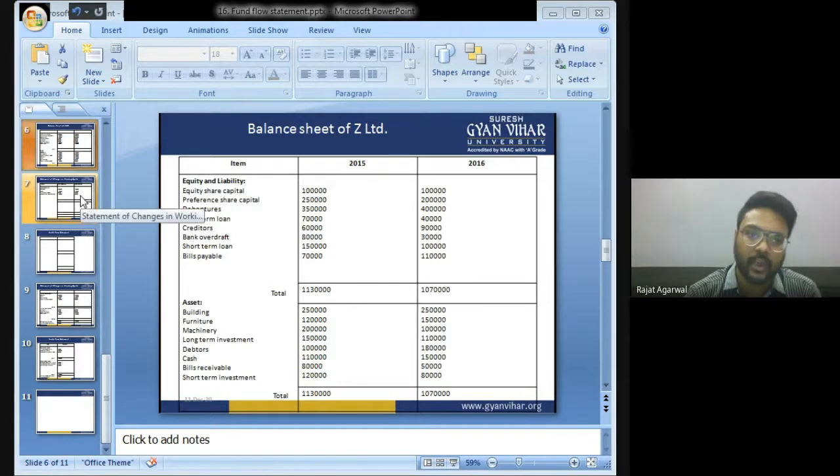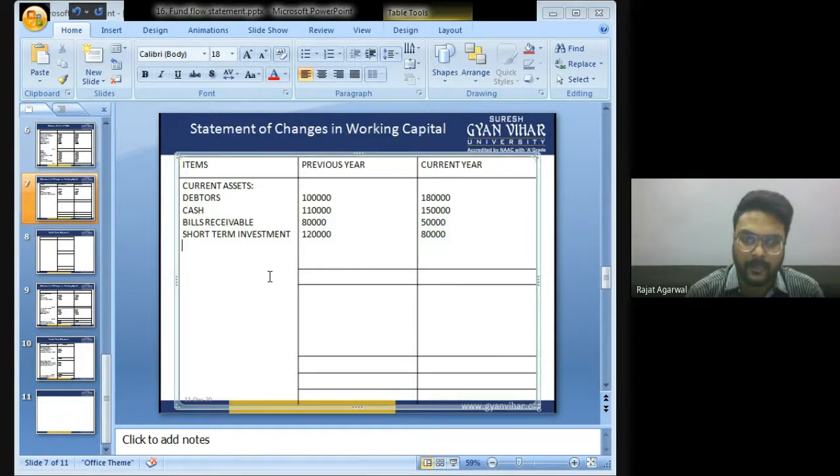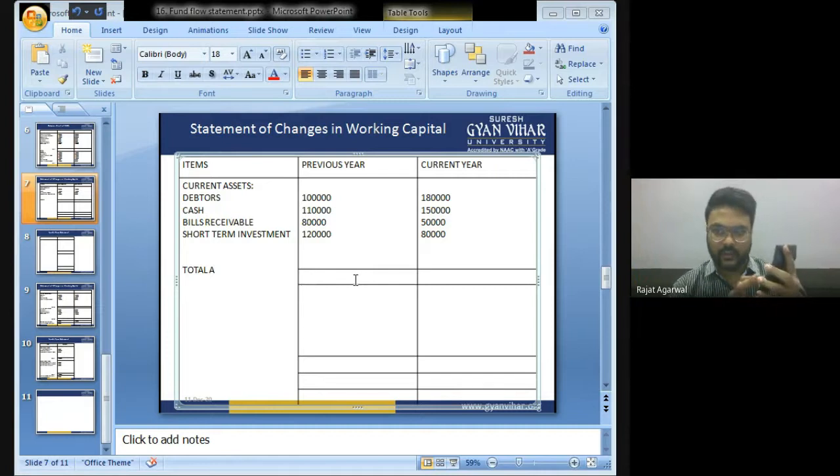Let's make a total, total A. 1 lakh plus 1,10,000 plus 80,000 plus 1,20,000.